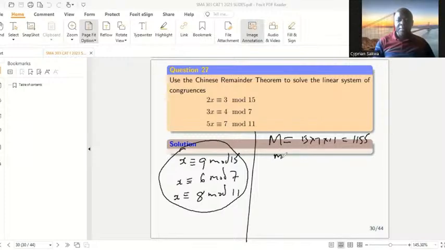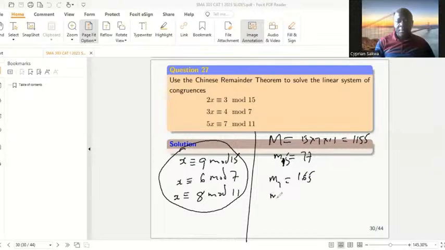Then you get m with respect to 9: 1155 divided by 9, no, it's 15. So 1155 divided by 15 gives me 77. Then for 7, 1155 divided by 7 gives me 165.